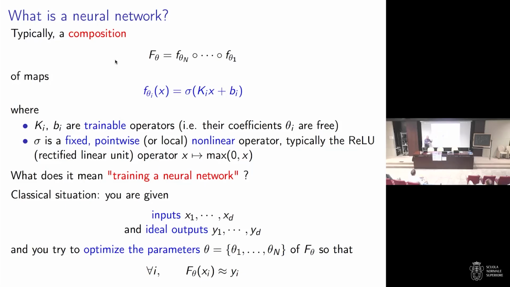Typically, in this composition of many layers, these linear maps and the biases are trainable operators, so they depend on coefficients theta_i that are free, and there might be a lot of them. Usually, the activation function is a fixed pointwise, or local, nonlinear operator. So if you have a vector, it acts component-wise.